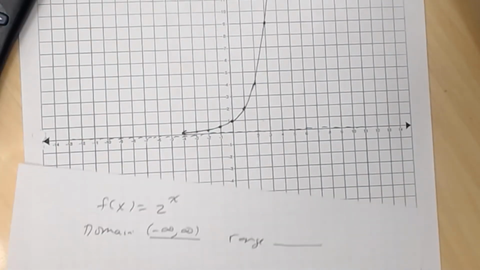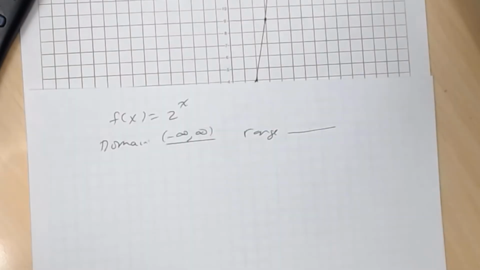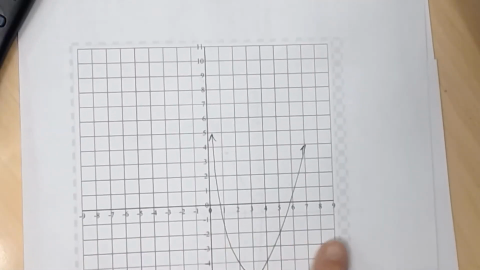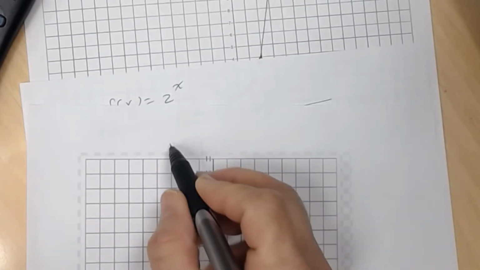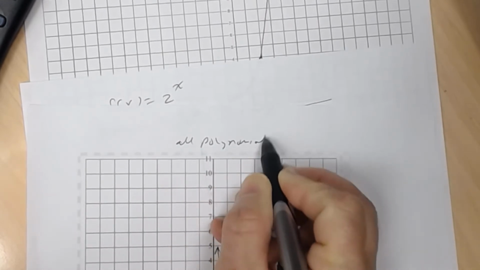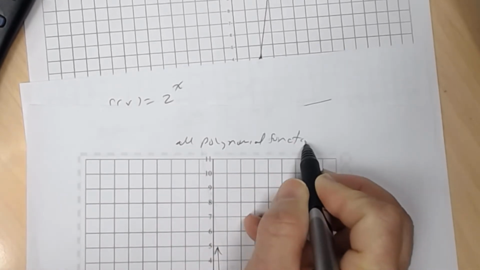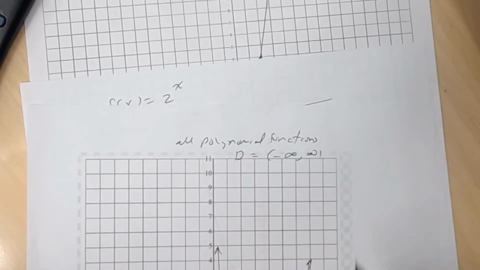So remember when we graphed the quadratic functions? Real quickly, I'll just do this. All polynomial functions, the domain is all real numbers. But the range wasn't the case.